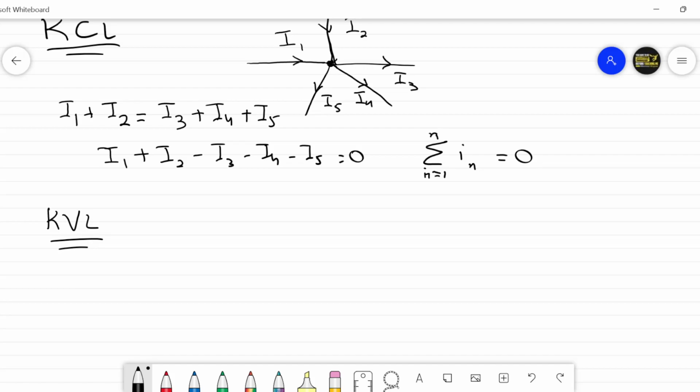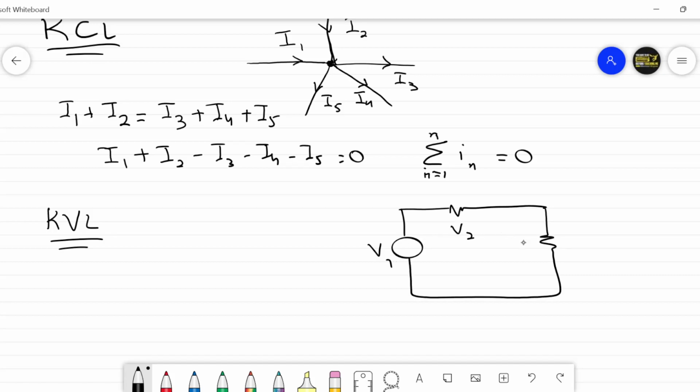In a particular circuit, the algebraic sum of all the voltages across different elements is equal to 0.